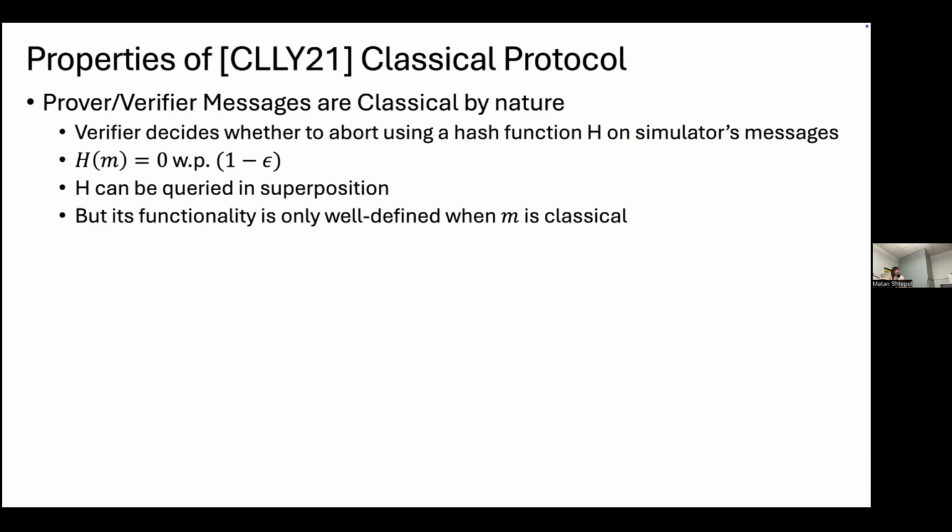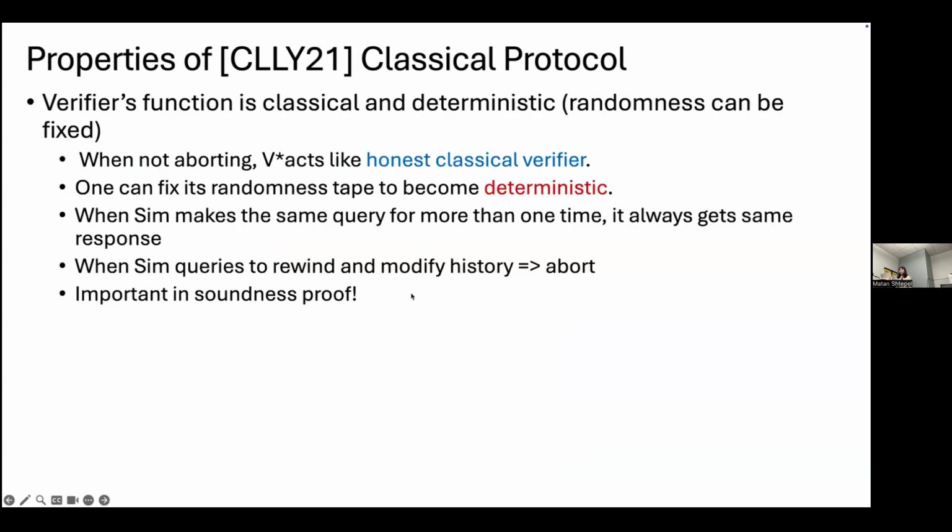So how does this property help? This is our proof. For example, as I mentioned, the verifier decides to abort using a hash function modeled as a random oracle that would output 0 on anything with probability 1 minus epsilon. This random oracle can be queried in superposition, but its functionality on M is only well defined when M is classical.